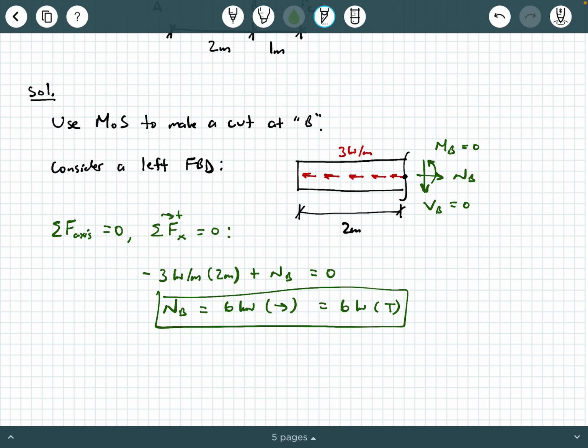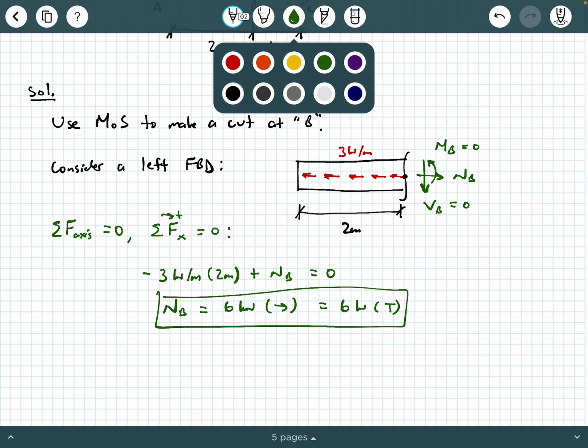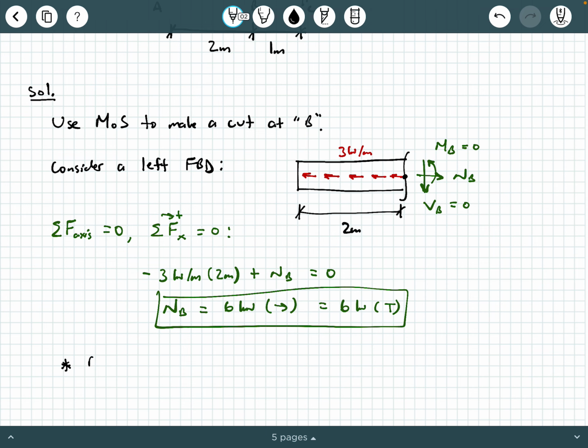Okay, so if you use a right free body diagram, I'll make a note here for you. By using a right free body diagram, NB should be 6 kilonewtons pointing to the left, which is still 6 kilonewtons in tension. Why is that?